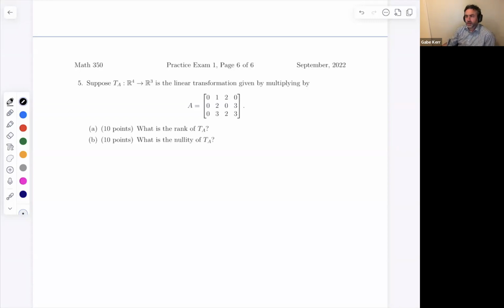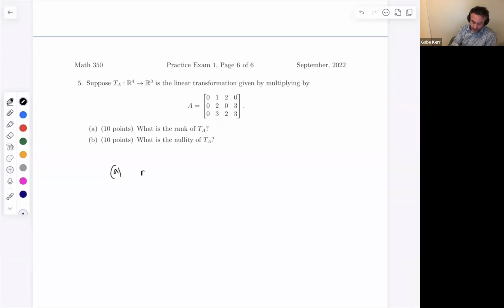Which I think, yeah, is in this section. So what is the rank of T_A? We have talked about the rank of a matrix and of a linear transformation.